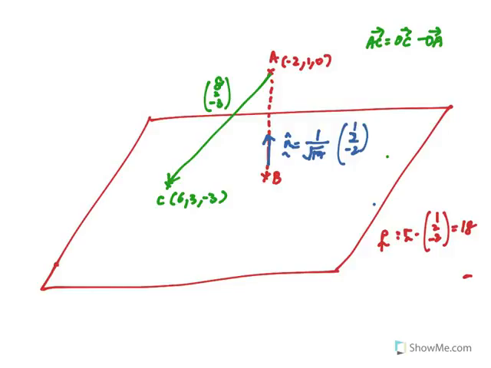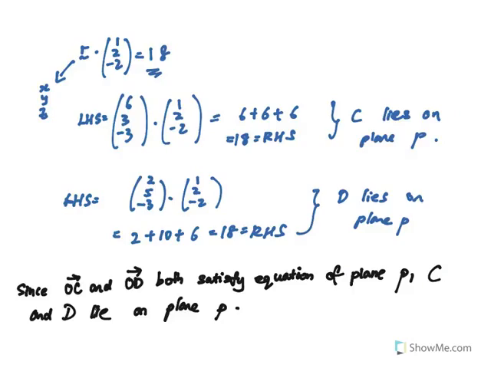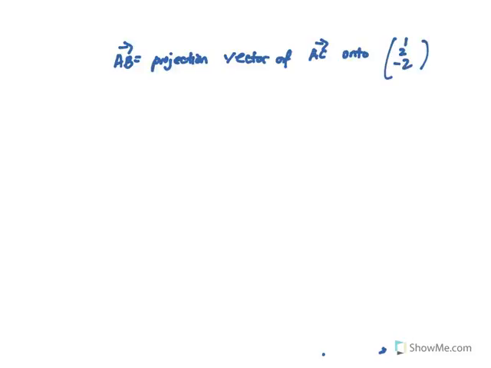With that, we can just project AC onto the unit vector of the normal. So very quickly, AB will just be equal to the projection vector of AC onto it, which is AC dot n hat times n hat.